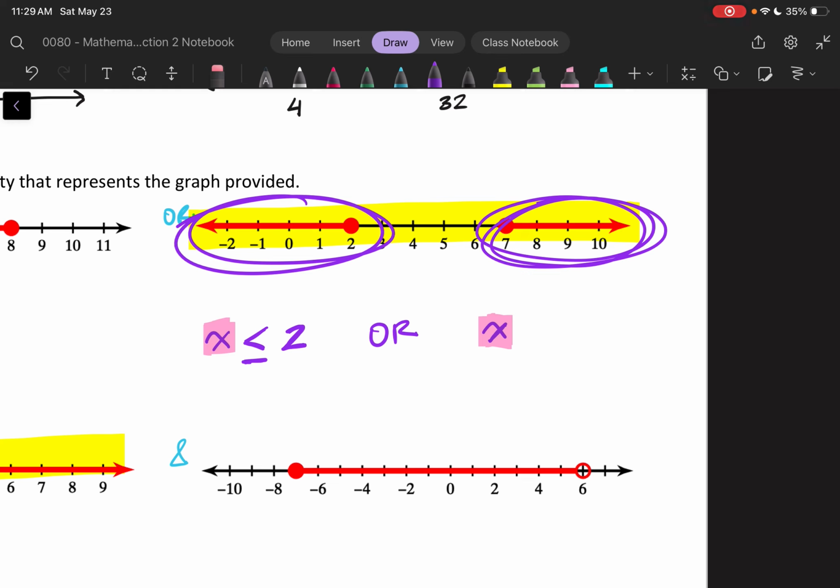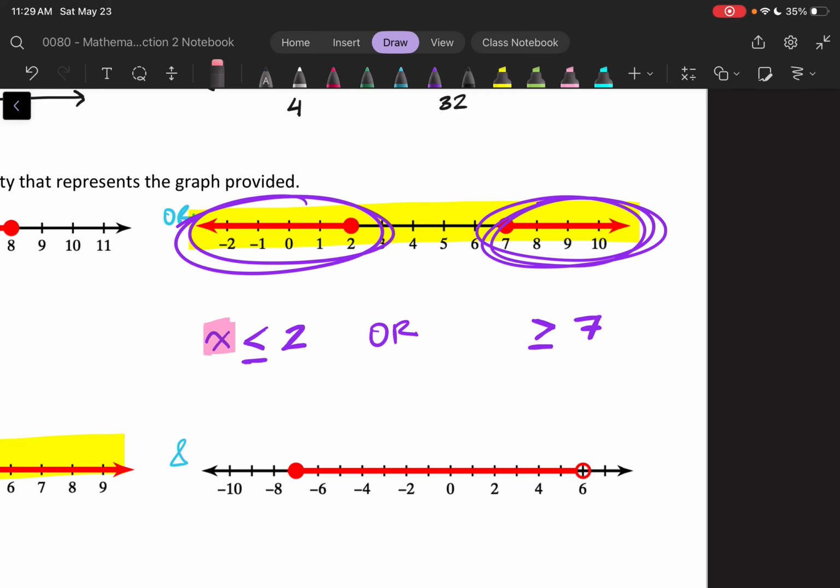Okay, I know the number involved in that inequality will be 7 because that's where my endpoint is. I know my directionality of that inequality will match my arrowhead when written in standard form, but also 8, 9, and 10 are all bigger than 7. And then I will have an or equal to portion because I have a closed circle. That's actually it.